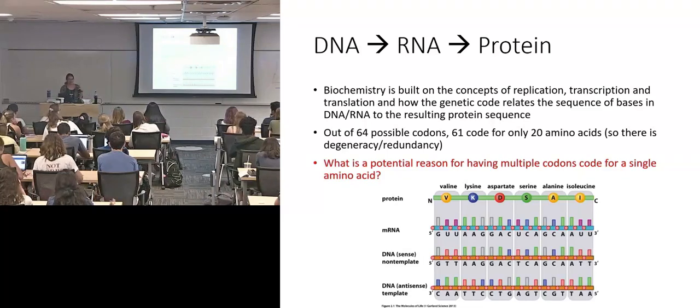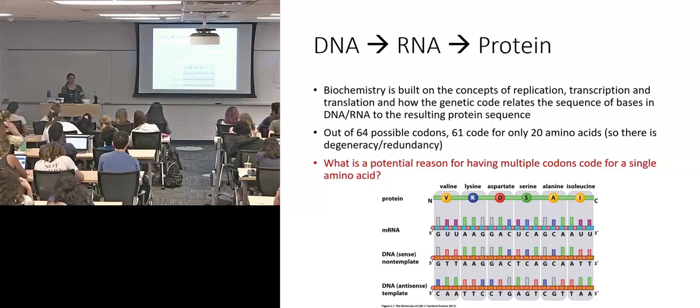This way, when there are mismatched or wrong bases that we don't want, when some substitution has happened, oftentimes it's going to be okay and we're still going to be able to code for a functional protein. I already alluded to the fact that sometimes that doesn't happen. Sometimes a single base swap leads to a lot of bad downstream effects. But more often than not, building in this redundancy or degeneracy makes it so that this process can be robust against errors.